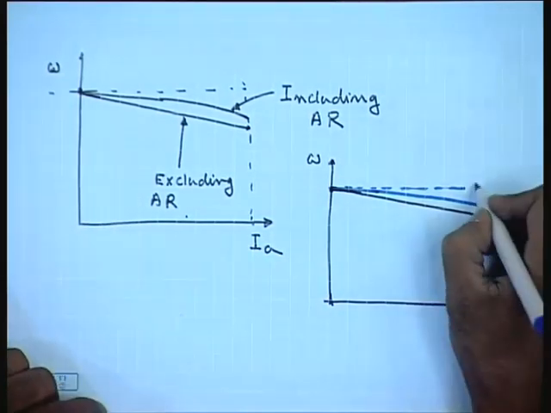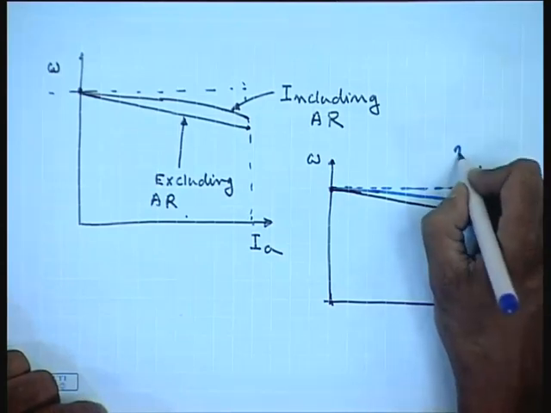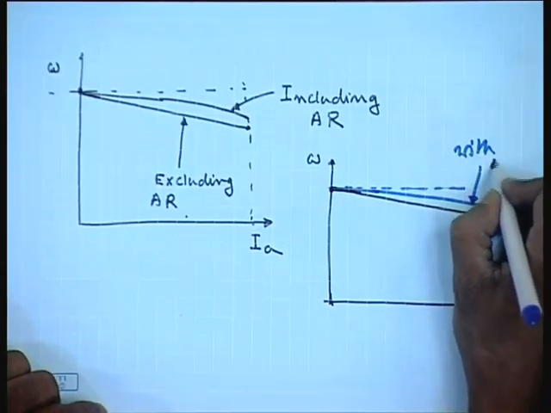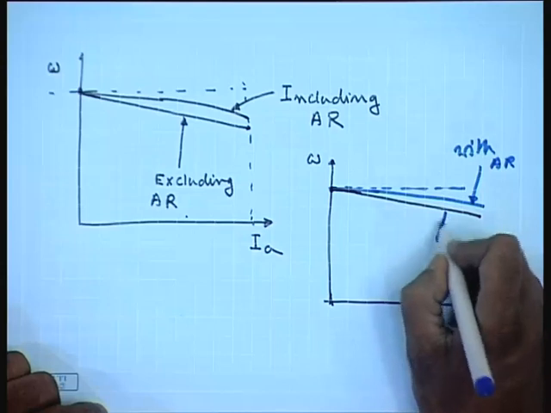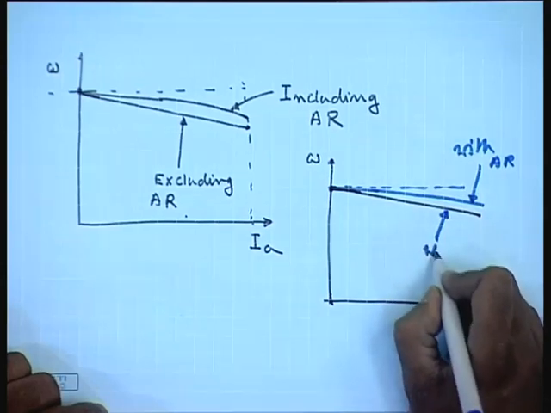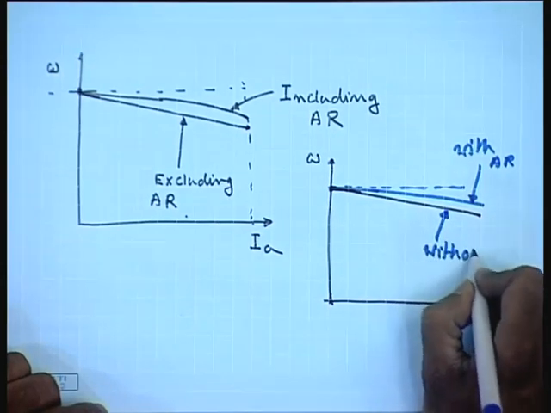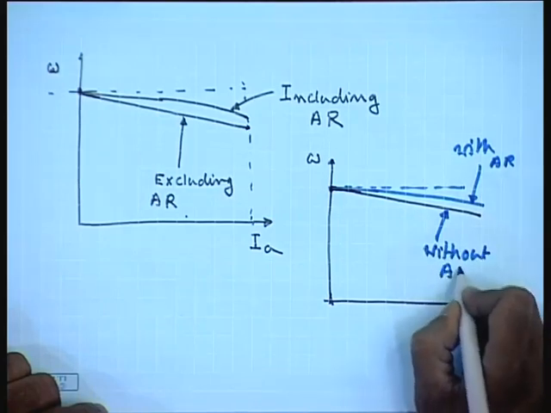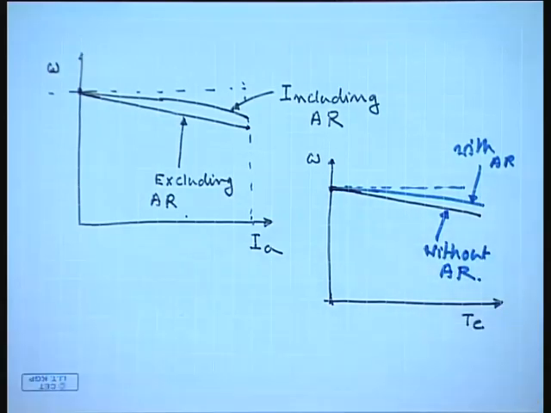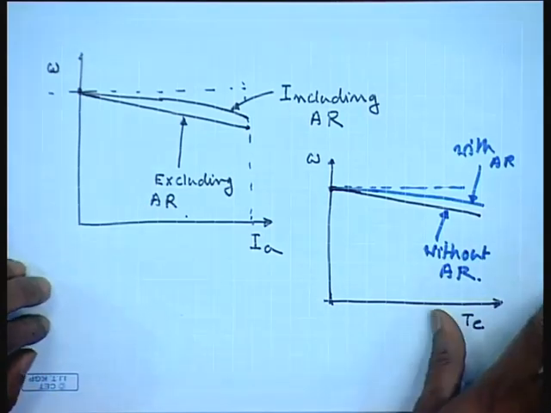So, this is with armature reaction, this is without armature reaction. We will see how it affects quantitatively through a few examples.